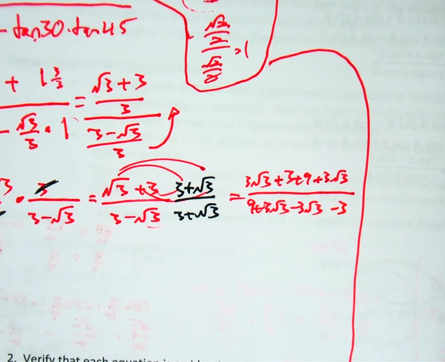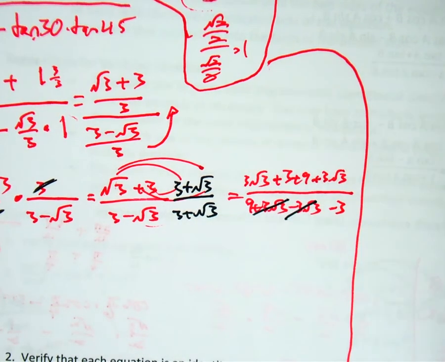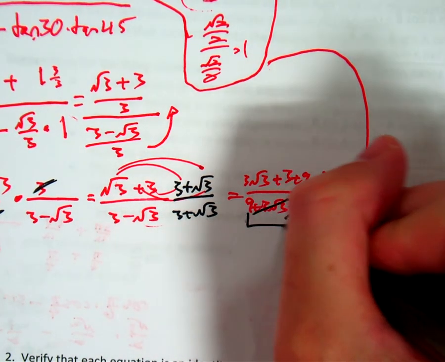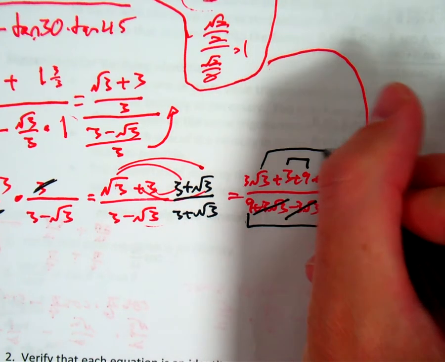Okay, so on the bottom, positive 3 radical 3 minus 3 radical 3 is going to cancel. And then we can put these two together. On the top we can put those two together, and we can put these two together.